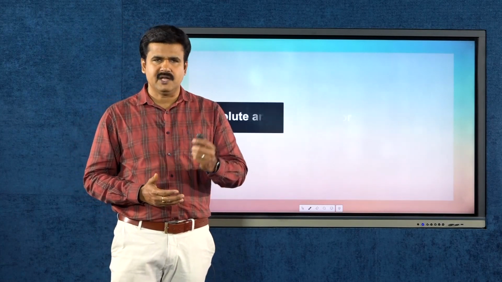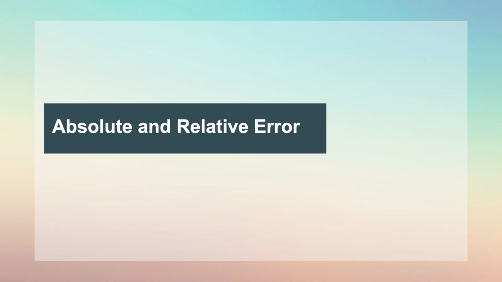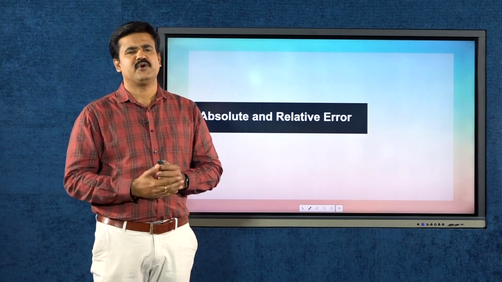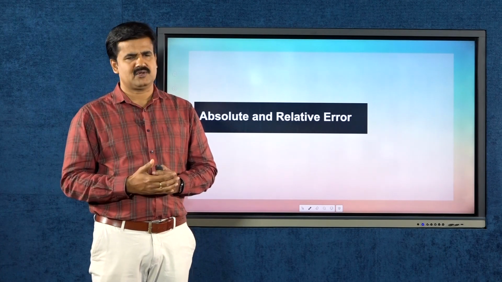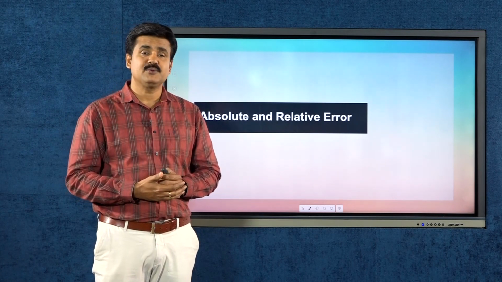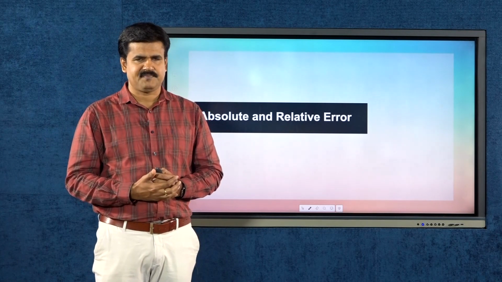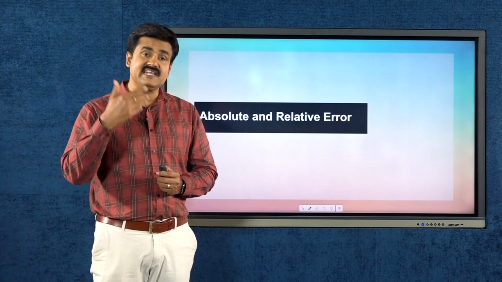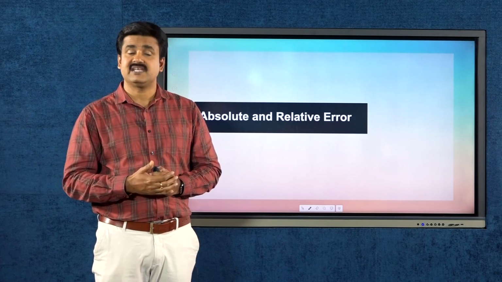Now, absolute and relative error. In the last module, we just mentioned the concept of absolute and relative error. The present module is a detailed study of various kinds of errors.